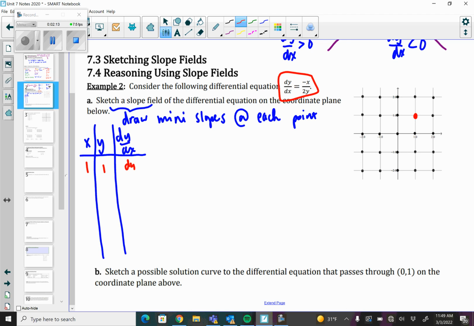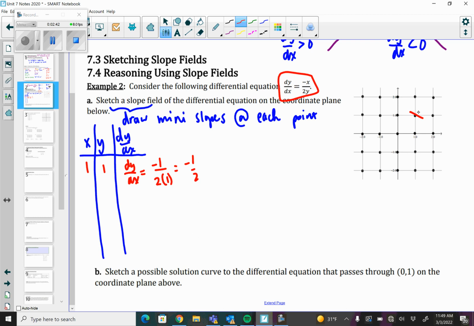Well, in our example, dy/dx is negative x over 2 times y, or negative 1/2. This means at this red point right here, the slope of the tangent line is negative 1/2. So I am going to sketch in a tiny little line to represent that slope. I know I need to make it negative, and I need to make it negative 1/2. So I'm going to draw it kind of like that.